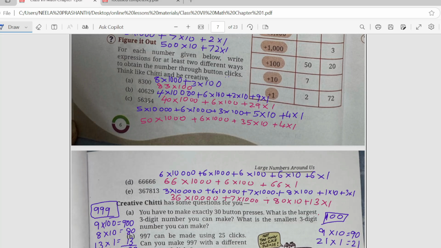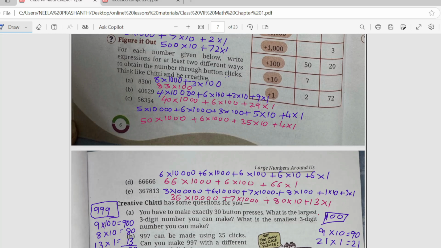Similarly, 56,354: 5 into 10,000, 6 into 1000, 3 into 100, 5 into 10, 4 into 1. So you could shift to this way of writing: 50 into 1000 will again give you 50,000.